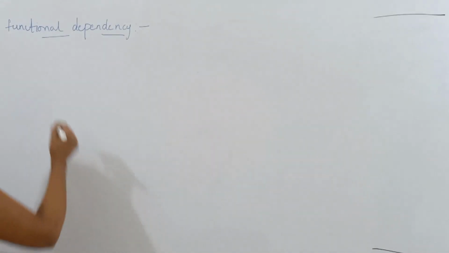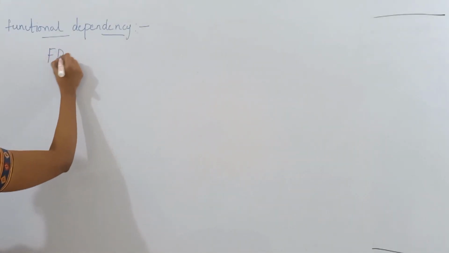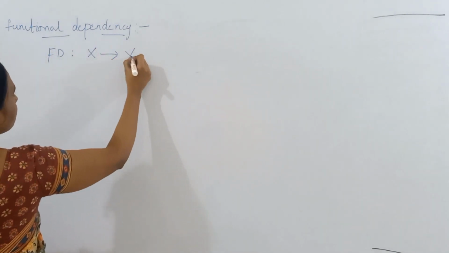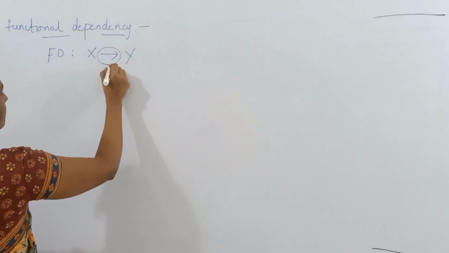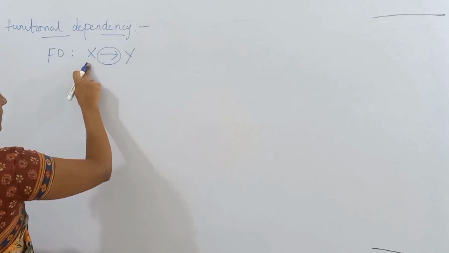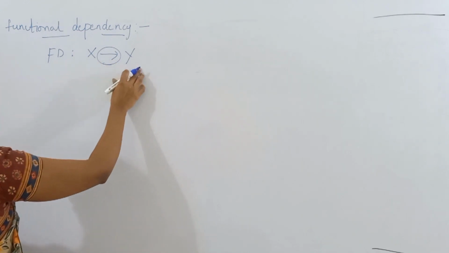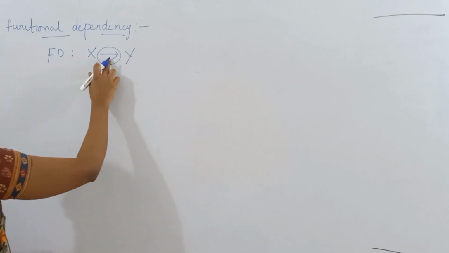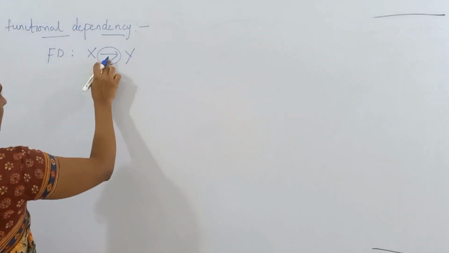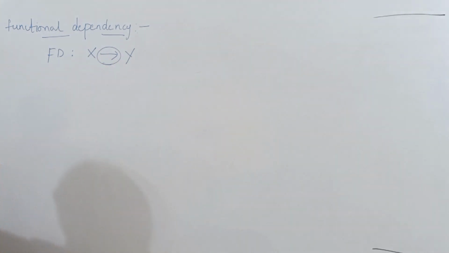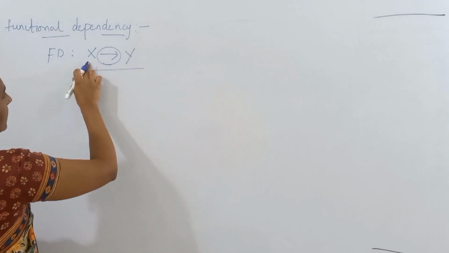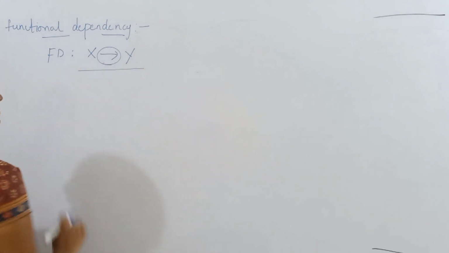It is denoted by FD colon X determines Y. Using arrow mark we can denote the functional dependency. FD means functional dependency, X arrow mark Y. So how to read this line is X determines Y.